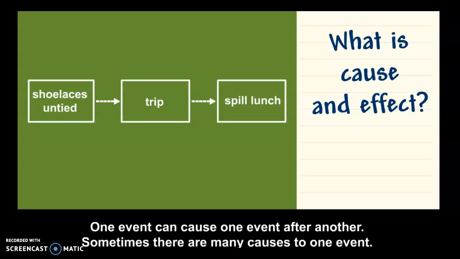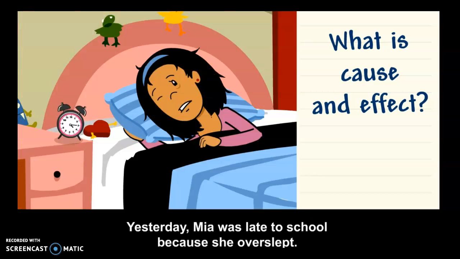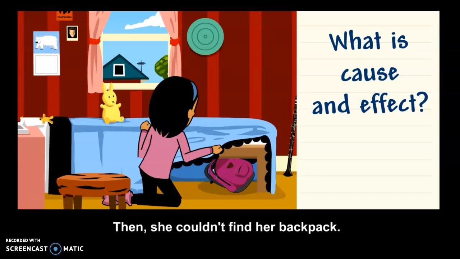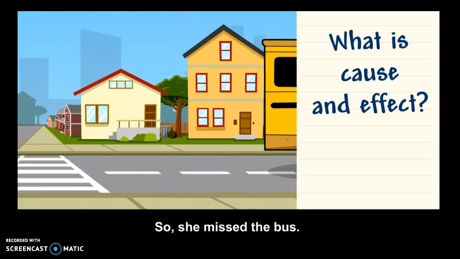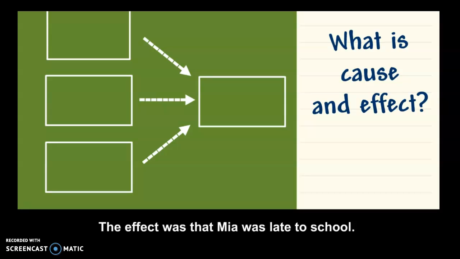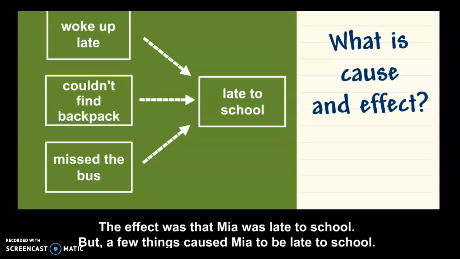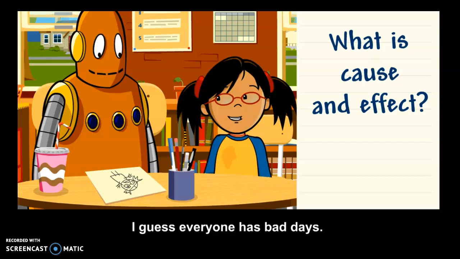Sometimes there are many causes to one event. Yesterday, Mia was late to school because she overslept. Then, she couldn't find her backpack, so she missed the bus. The effect was that Mia was late to school, but a few things caused Mia to be late to school. I guess everyone has bad days.